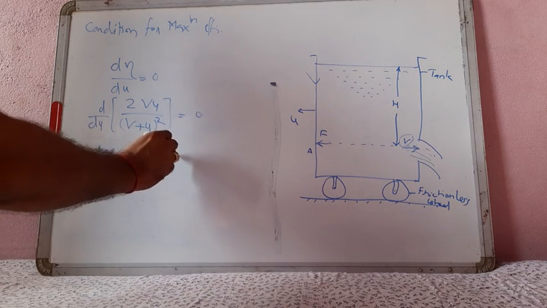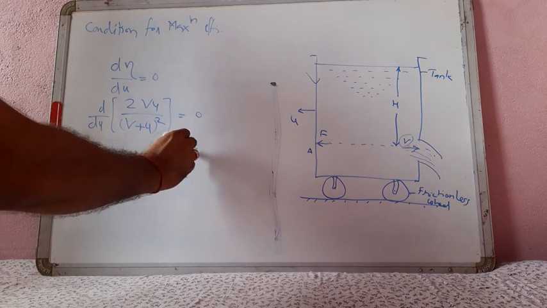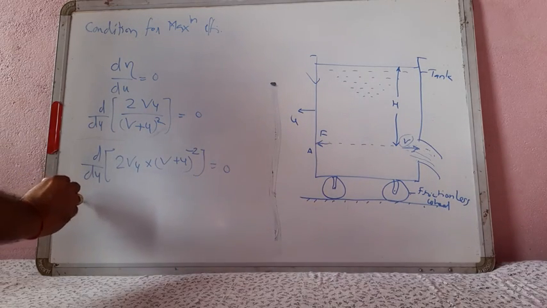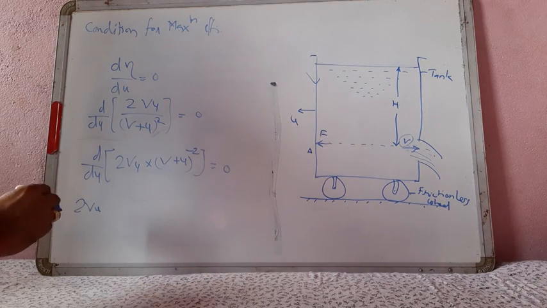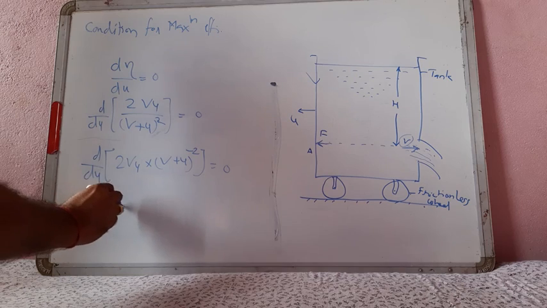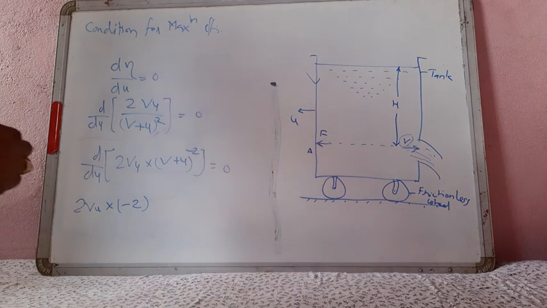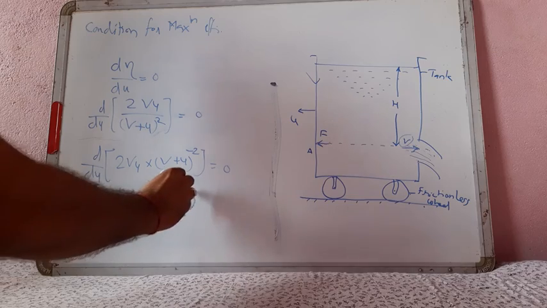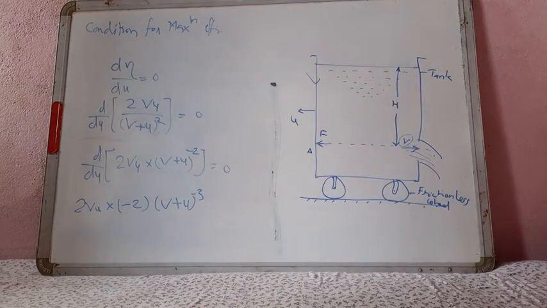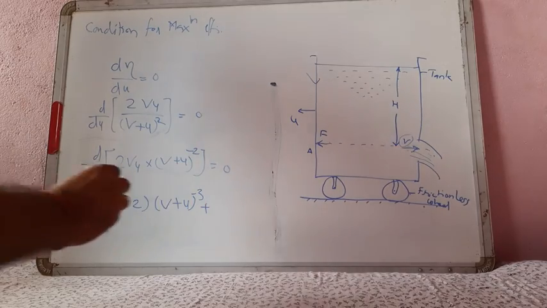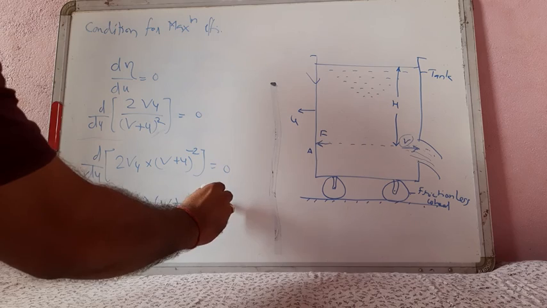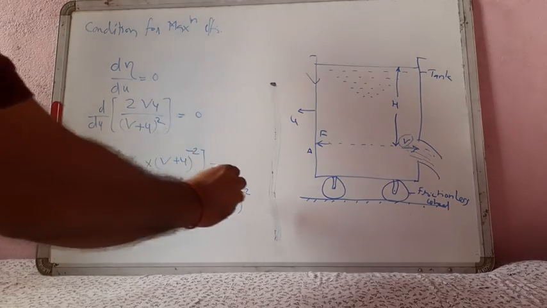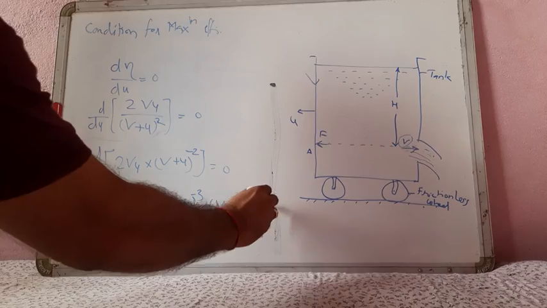So d by du of 2vu into (v plus u) to the power minus 2 is equal to 0, or 2vu into minus 2 (v plus u) to the power minus 3, plus (v plus u) to the power minus 2 into 2v, equal to 0.